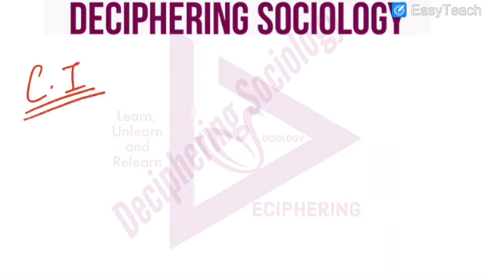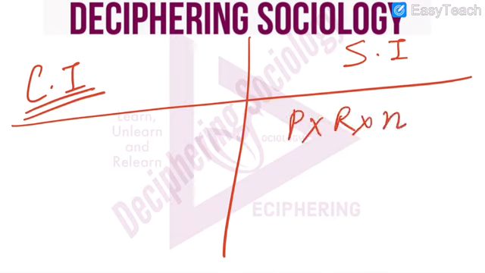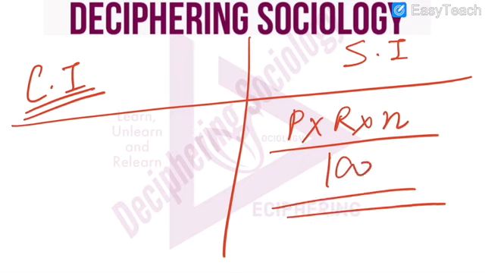So here what we have learned today is that compound interest and simple interest are different. In simple interest, we will have P into R into n by 100. This will be the total interest. But in compound interest, the formula changes.